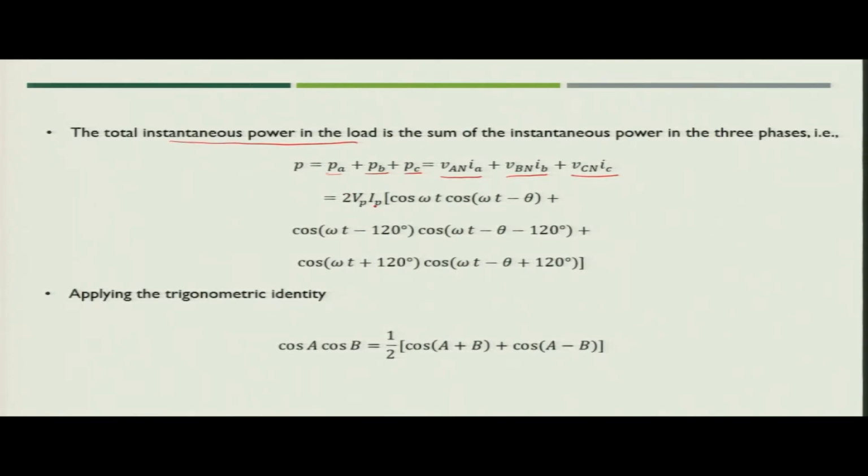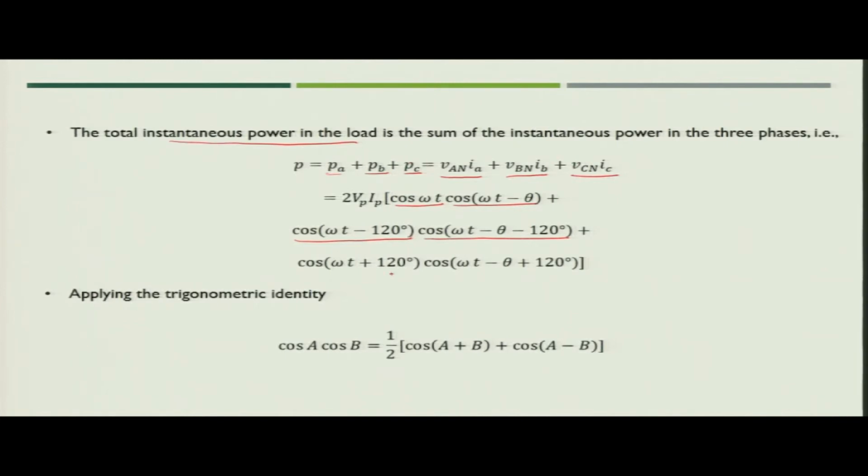So, 2 VP IP will be the constant term, which we can take out. Inside the bracket we will get cos omega t into cos omega t minus theta for the VAN IA term. VBN IB will give you cos omega t minus 120 degrees into cos omega t minus theta minus 120 degrees. So, this will come from the voltage and this will come from the current.